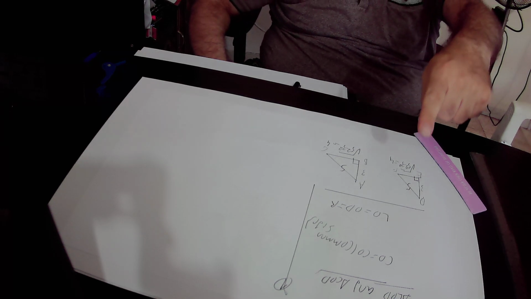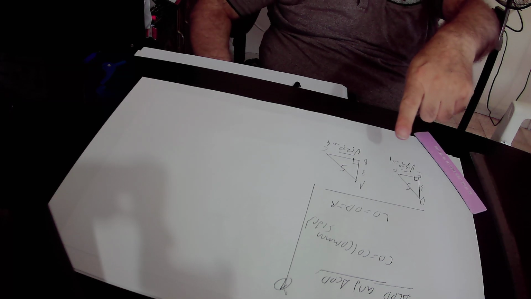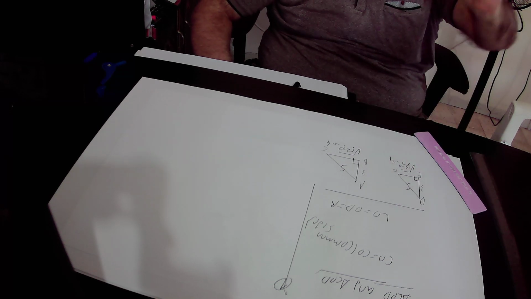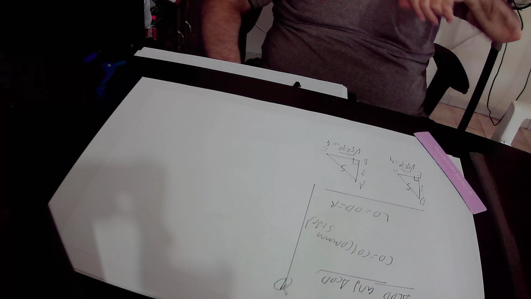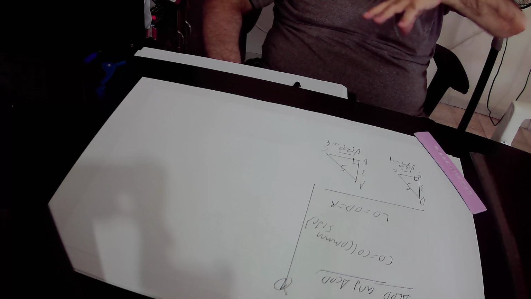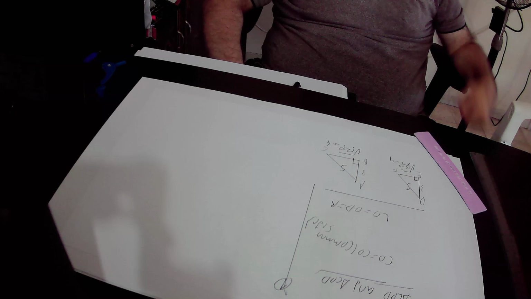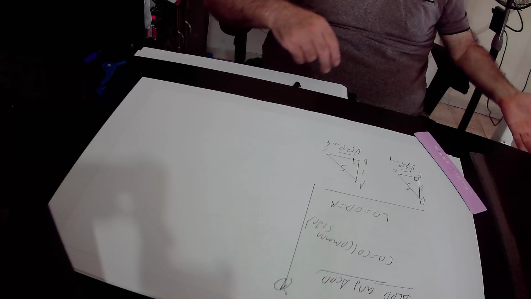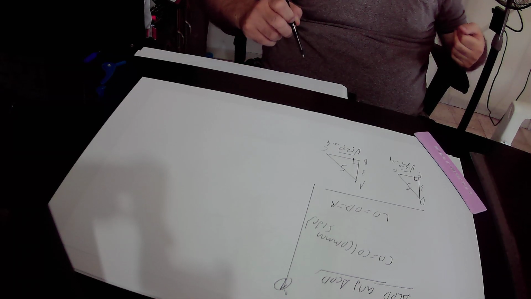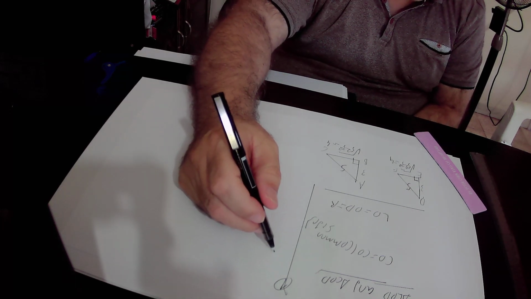Because they have equal hypotenuses and one equal perpendicular. Therefore, the third side must also be equal, and those two right triangles will be congruent according to the side rule.